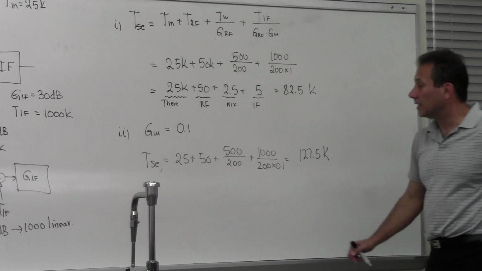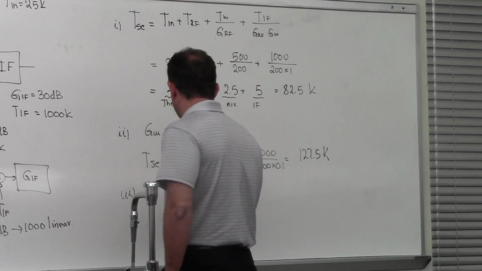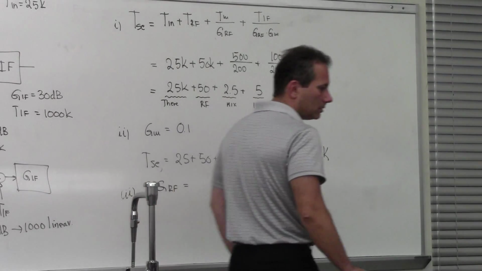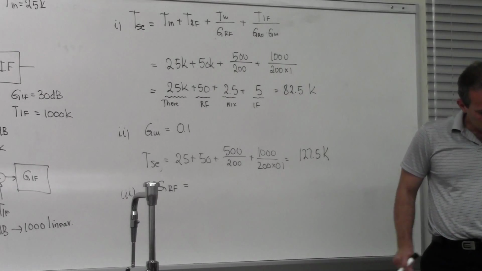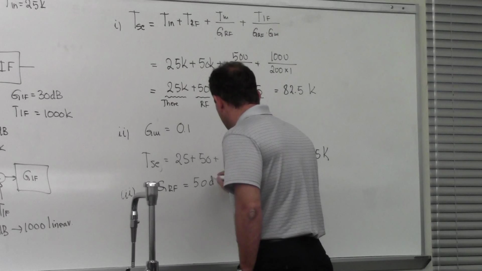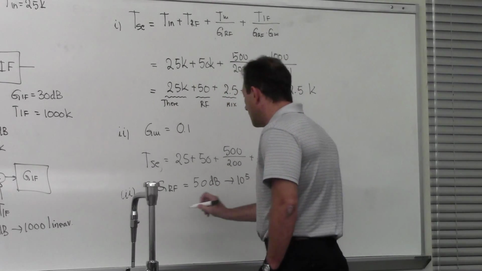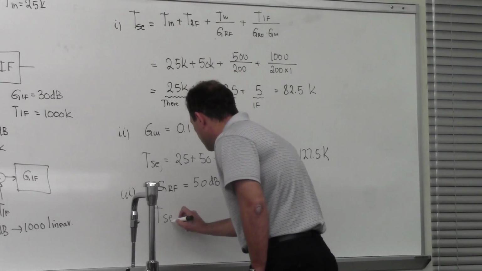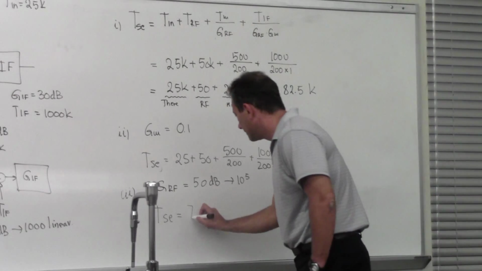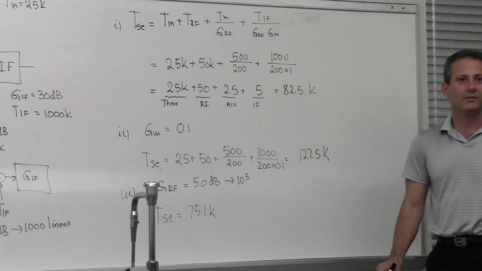Now suppose you make GRF equal to 50 dB, or 10 to the 5. Then if you recalculate the noise temperature, you end up with 75, which is essentially saying... I don't think it's right.